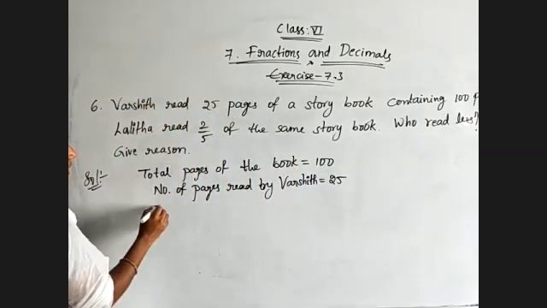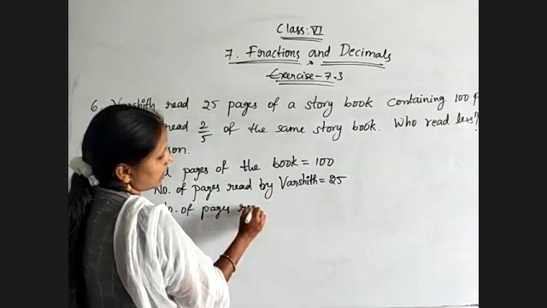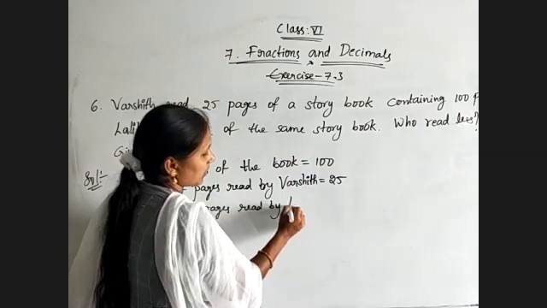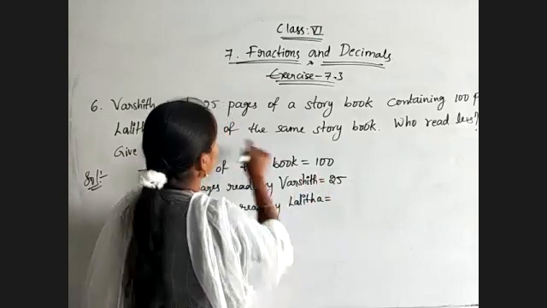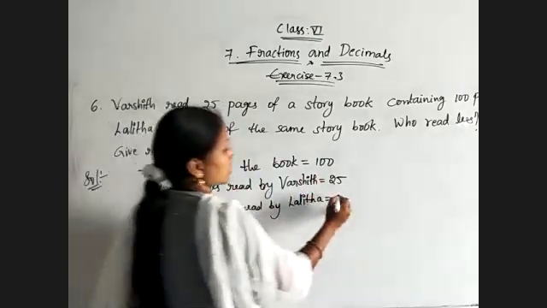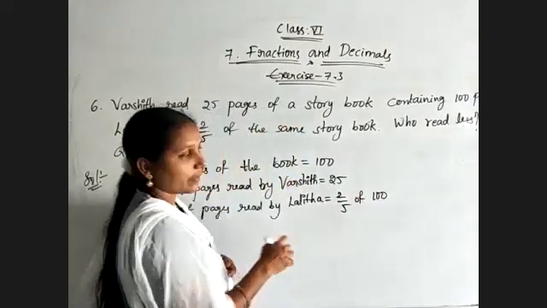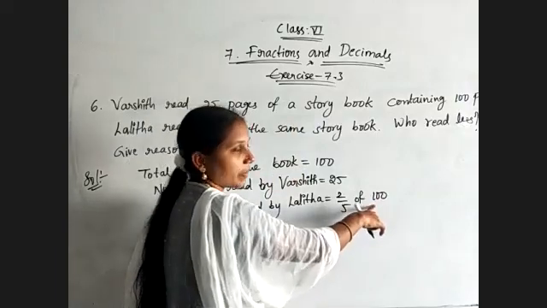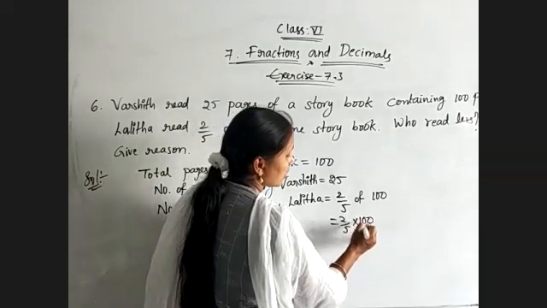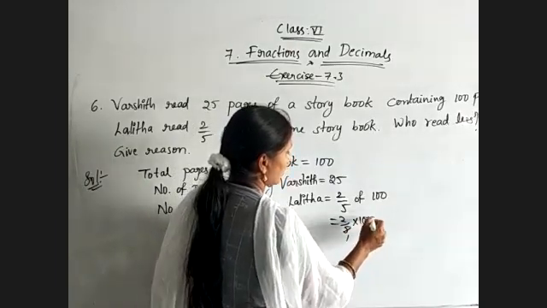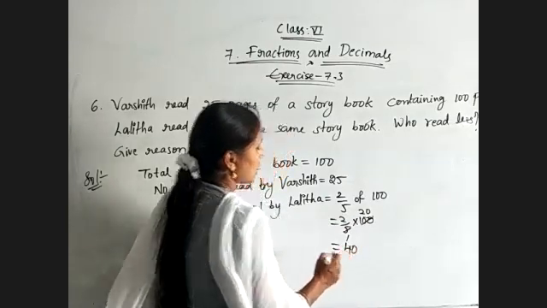Then number of pages read by Lalita is equal to 2/5 of the book. That is 2/5 of 100 pages of the book. Okay, whenever you are taking a fraction, total pages we must take. Okay, that is 2/5 into 100. So 5 20s are 100, 2 into 20, 40 pages are read by Lalita.